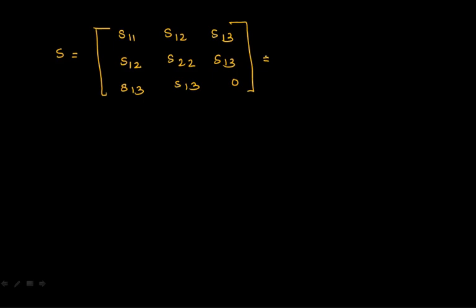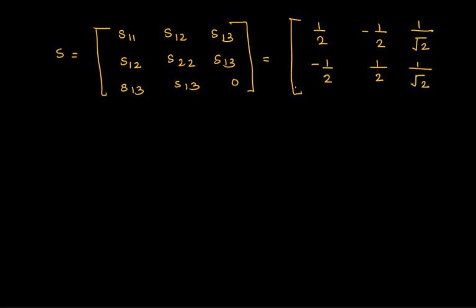Putting all the values in this equation, we get 1 by 2, minus 1 by 2, 1 by root 2, minus 1 by 2, 1 by 2, 1 by root 2, 1 by root 2, 1 by root 2, and 0. So this will be the scattering matrix for the H plane T.